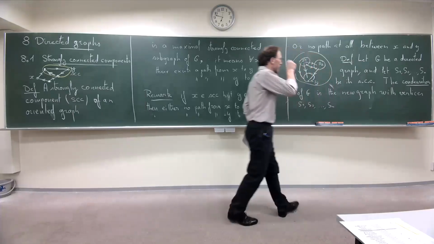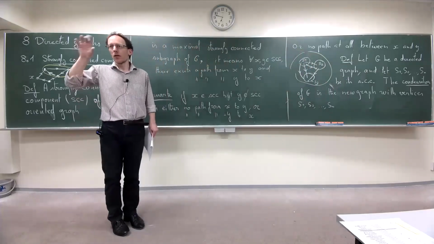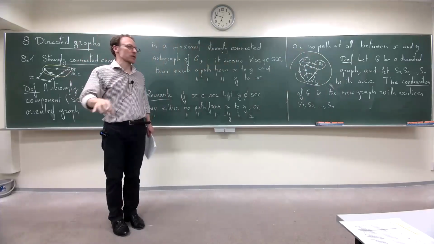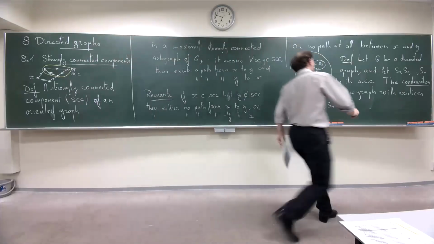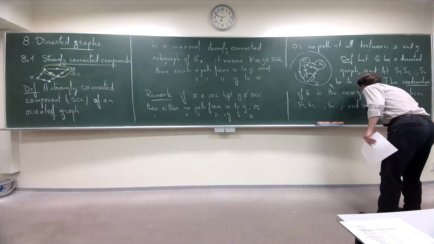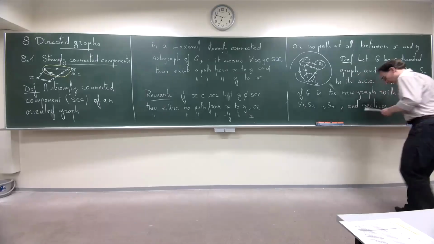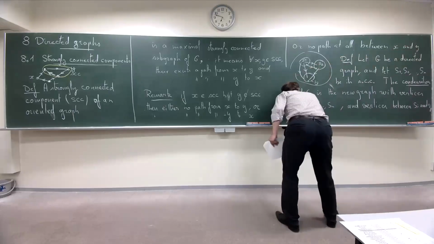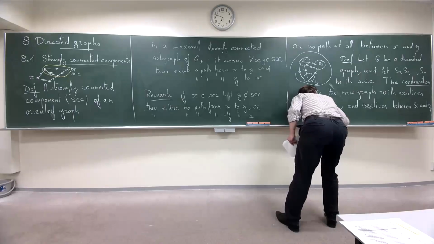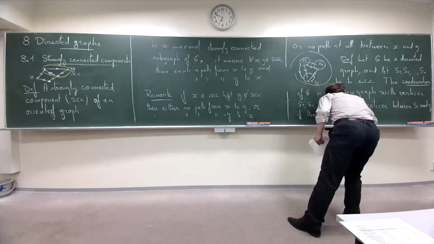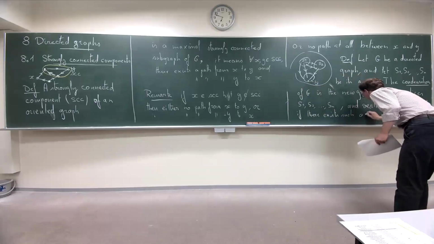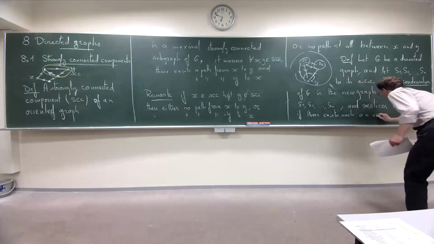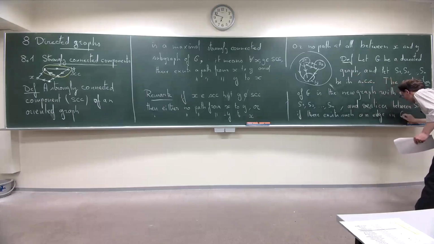So now each S, I do not consider it again as a certain amount of vertices. I just consider one of them, and edges between Si and Sj if there exists such an edge in G. An edge in the initial graph.